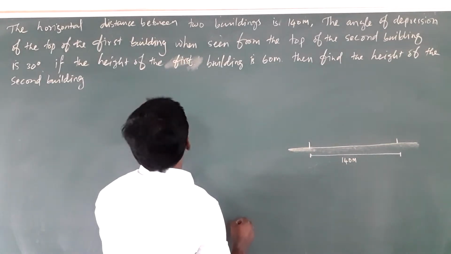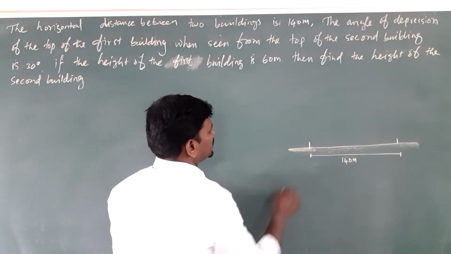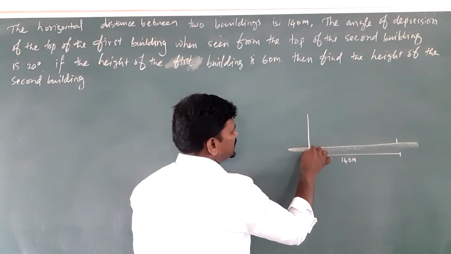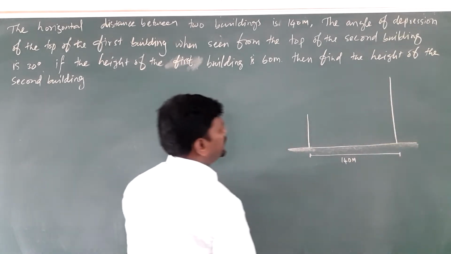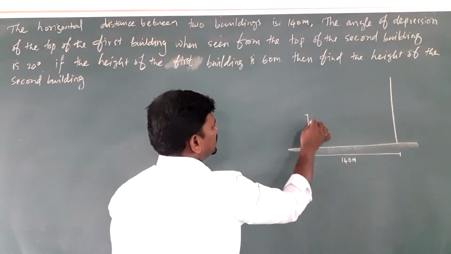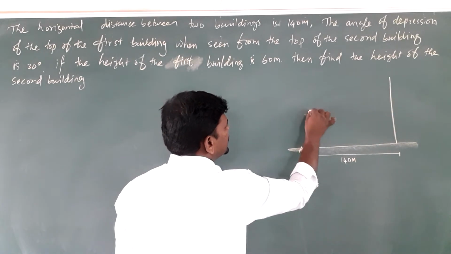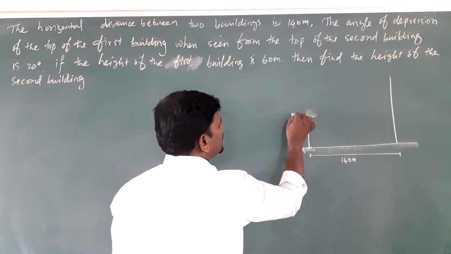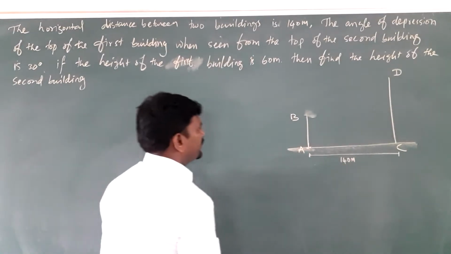The angle of depression of the top of the first building. So, this is the first building and this is the second building. Okay, so we can take it as AB is the first building and CD is the second building.